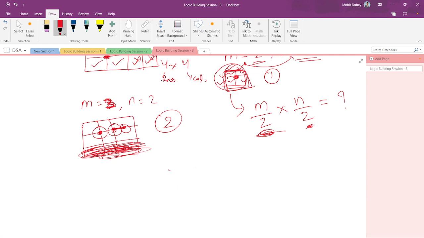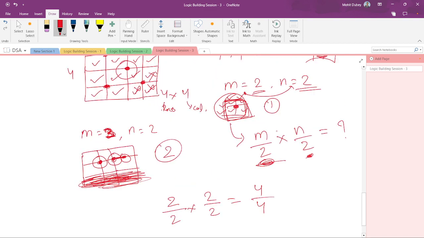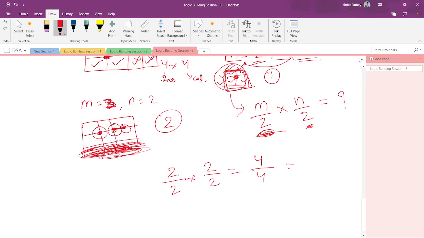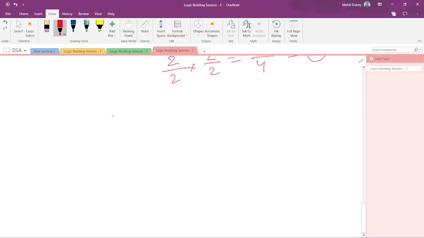So can I say 2 by 2 into 2 by 2 equals 4 by 4, where m and n both were 2. So in this case the answer is 1. So this is how we are getting our answer. Now let's say if m is 3 and n is equal to 2.